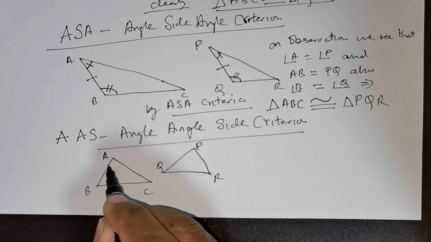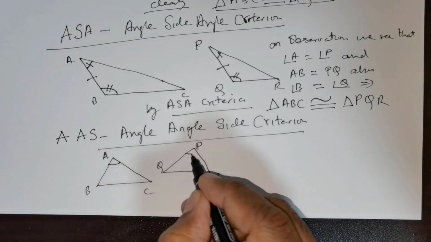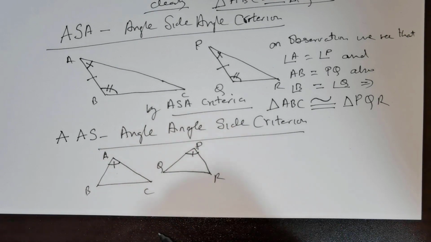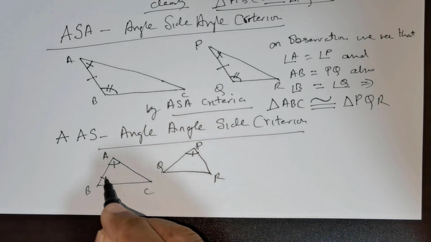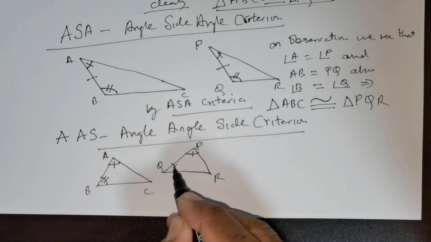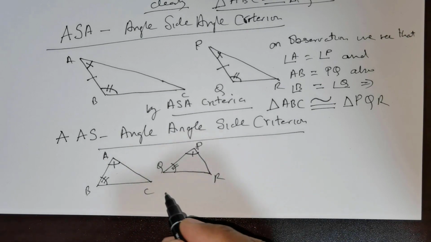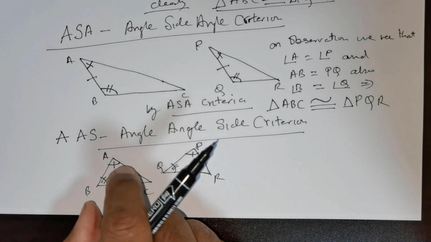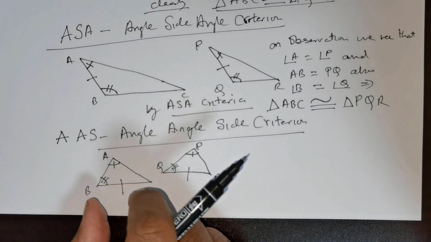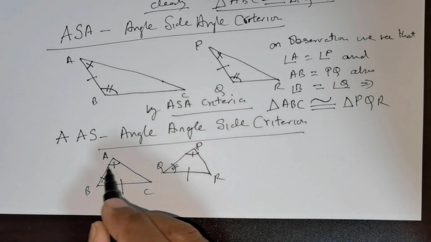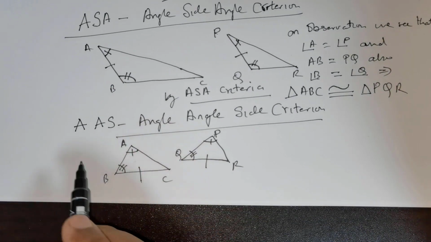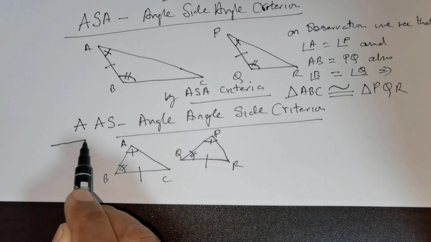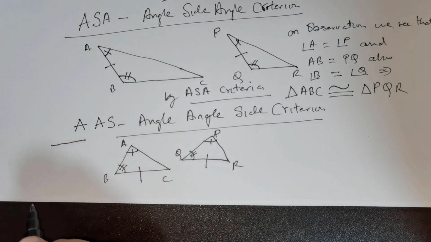So you have an angle over here and an angle over here, both of them are the same, and you got another angle over here and another angle over here, and then you have a side here and a side here. Now the way in which these triangles are oriented can be different. Say for example, instead of this triangle being like this, it can be like this.